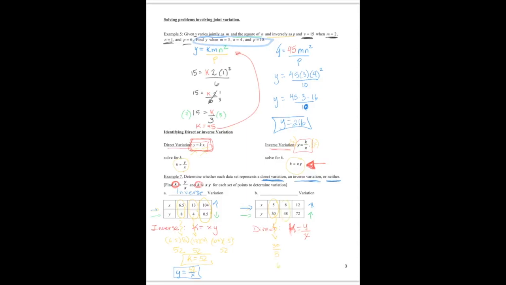If I take the ratio of y over x for the second set of ordered pairs, I also get 6, but I do have to check the third one to make sure that that k is constant. I do get 6. So I see that k equals 6. That constant of variation is 6. So this is in fact direct variation, and I can write the variation function as y equals 6 times x, and I have my variation function.